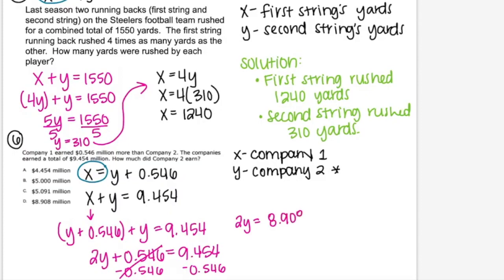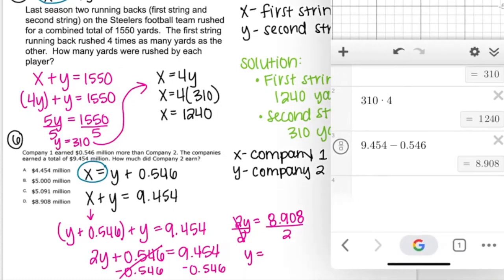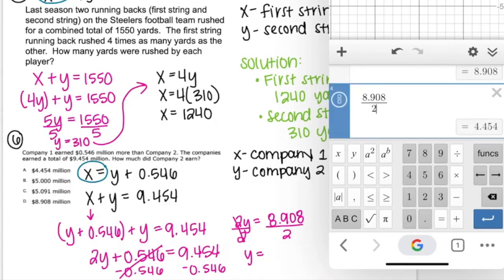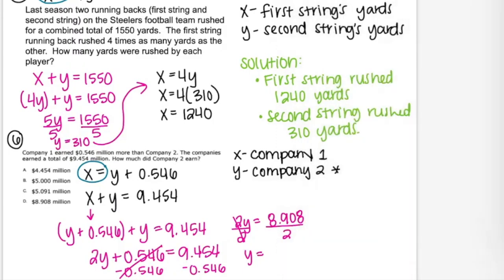Okay, so we have 2y equals 8.908. And now we divide by 2. So y equals 8.908 divided by 2, which is 4.454.